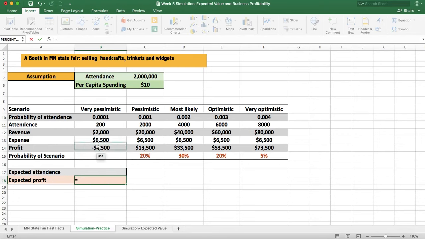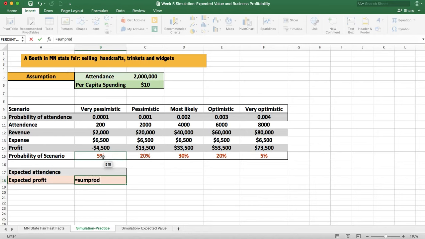It is the sum of every scenario's profit times the probability. So in Excel, there is a formula to do this.